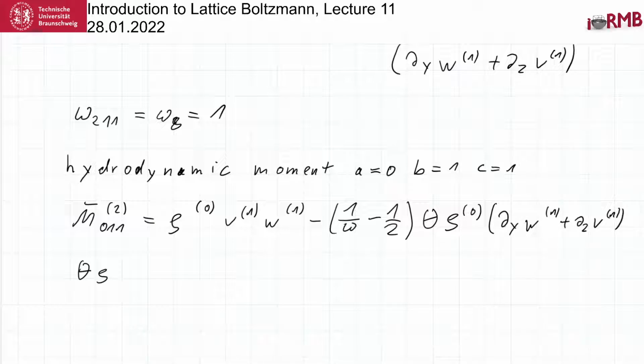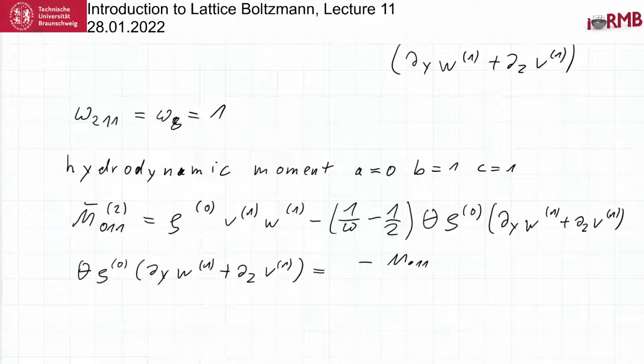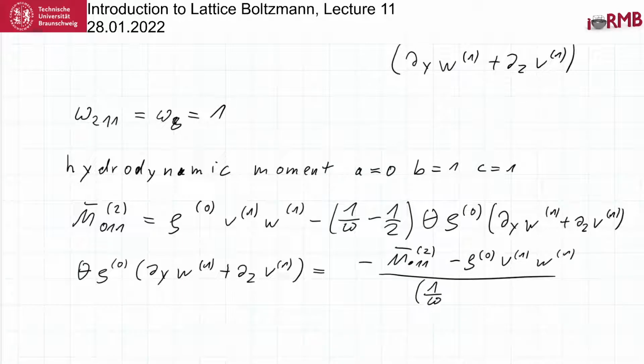So we see that theta rho 0 d_y, so these are the derivatives that we have here, put them on the other side, and this is equal to minus M011 to second order minus rho 0 V1 W first order, divided by 1 over omega minus 1/2.